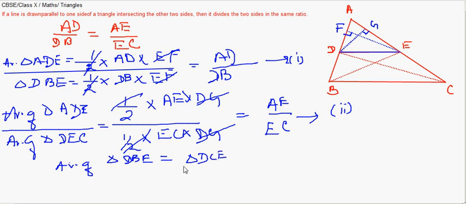These are all about area. If I write 1 by area of DBE, taking the reciprocals of both the sides, DCE. Because I need this kind of representation, I am multiplying ADE to both the numerators.